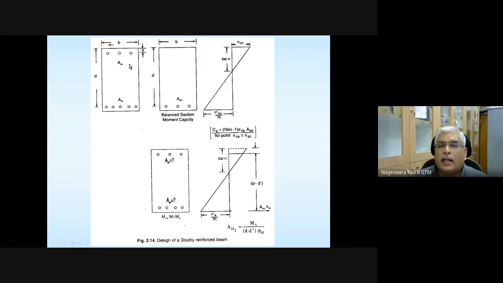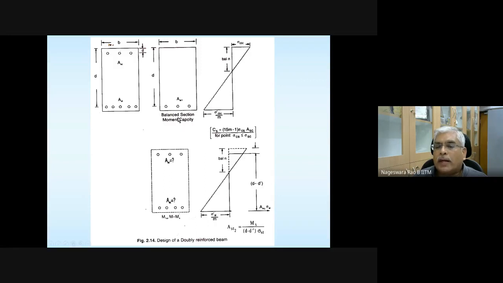So how do we go about designing this section? We design it first as a balanced section. If it is designed as a balanced section, what is its capacity? We'll try to find it out. And we know what moment this beam has to resist.